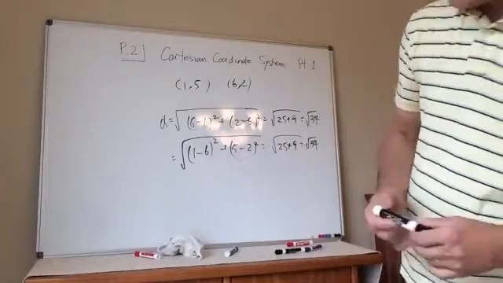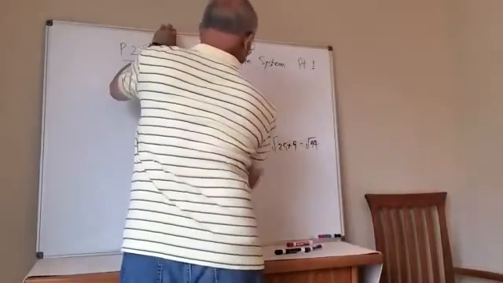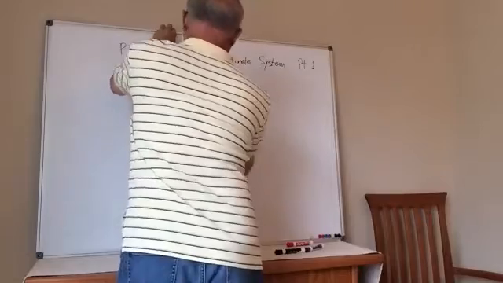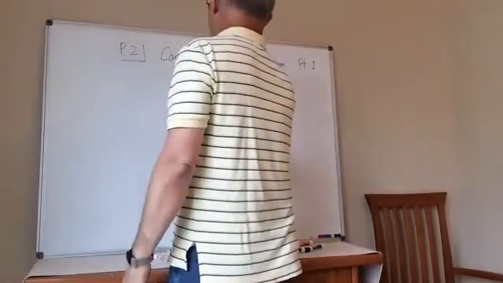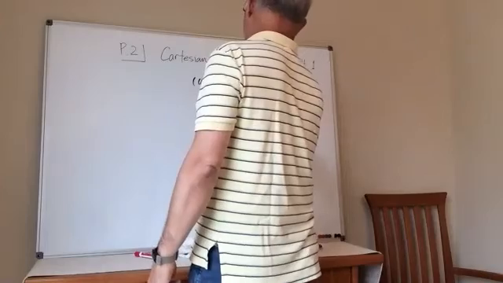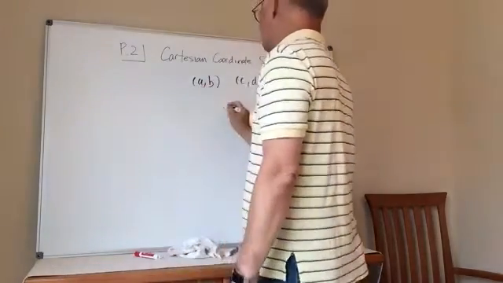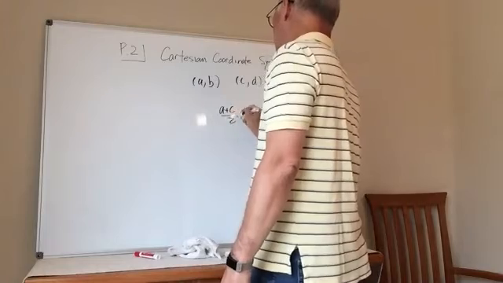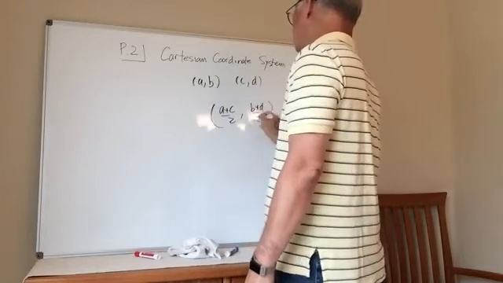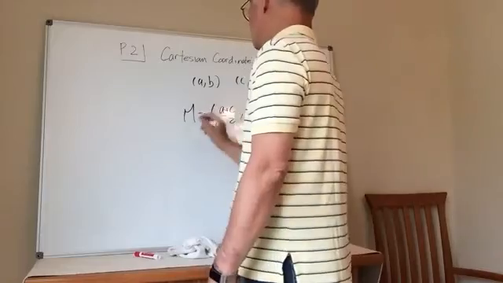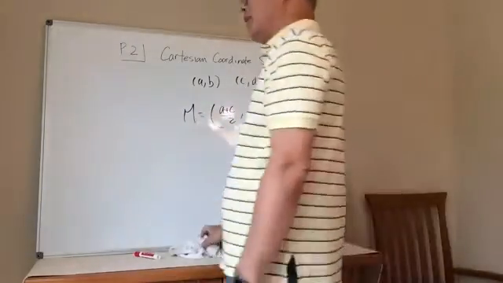If I had (A, B) and (C, D), the midpoint formula is I add the two x's together, divide by 2, add the two y's together and divide by 2, and this here is going to be my midpoint.